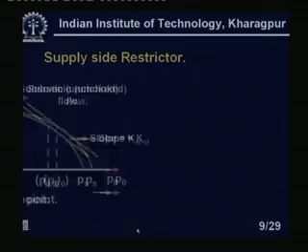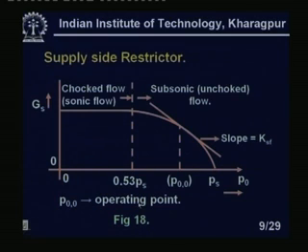Now, we also have supply side restrictors. You see here the choked flow, and this is our operating point, where the slope is KSF. This is subsonic, unchoked flow, and we have a choked flow, which is sonic flow, right? Here we are plotting PO, the output pressure.